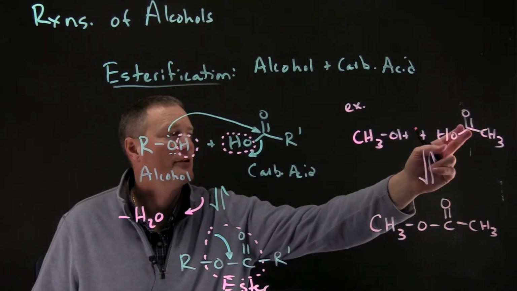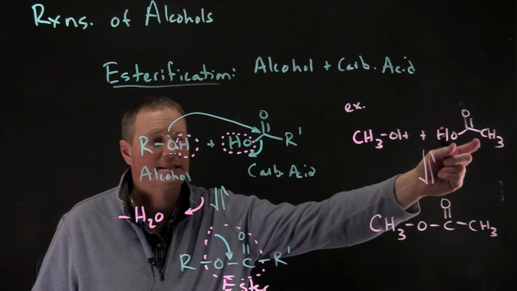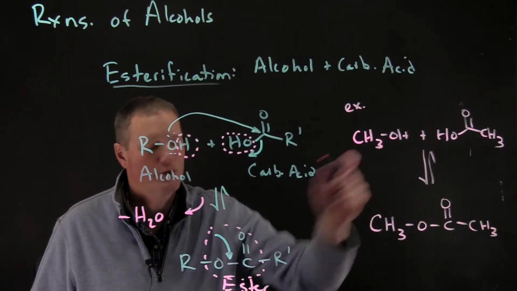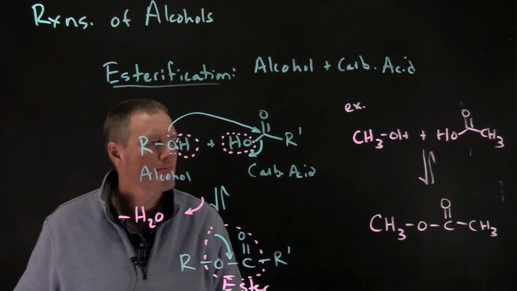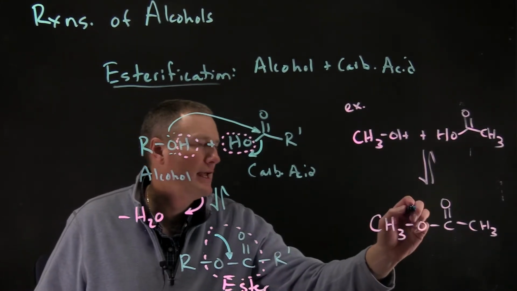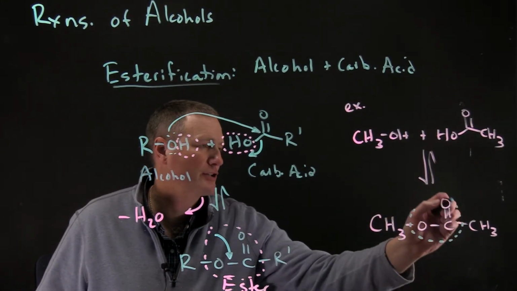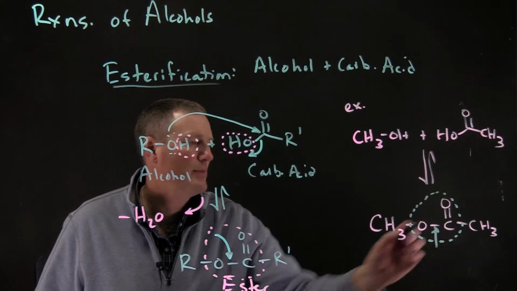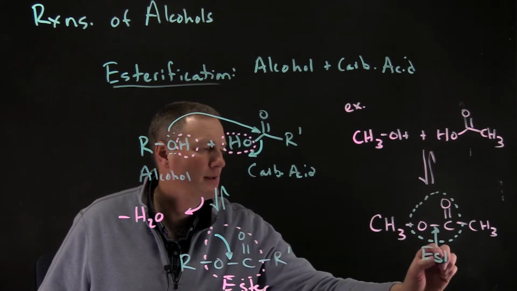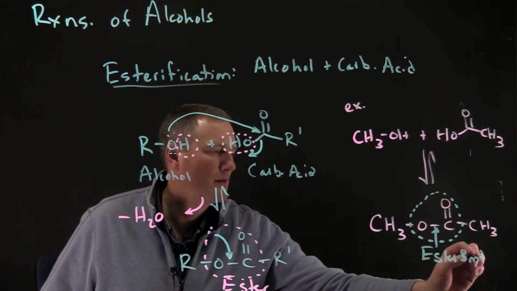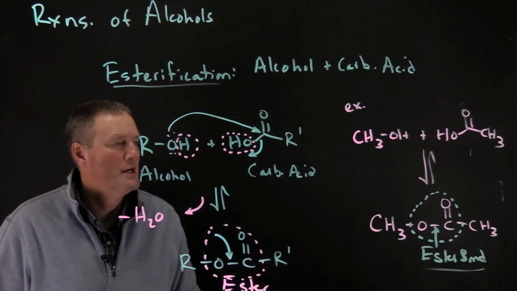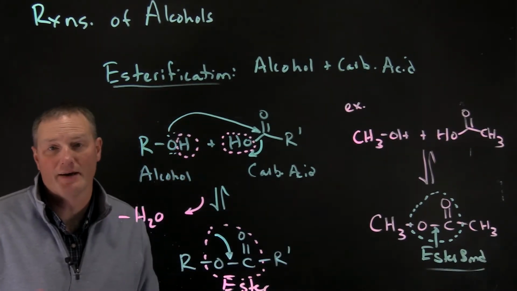Okay, so the carbonyl group of my acetic acid is now going to become joined to the oxygen of our methanol, and we've now formed our ester functional group. This is the new bond that would be formed. So that's the basics of esterification.